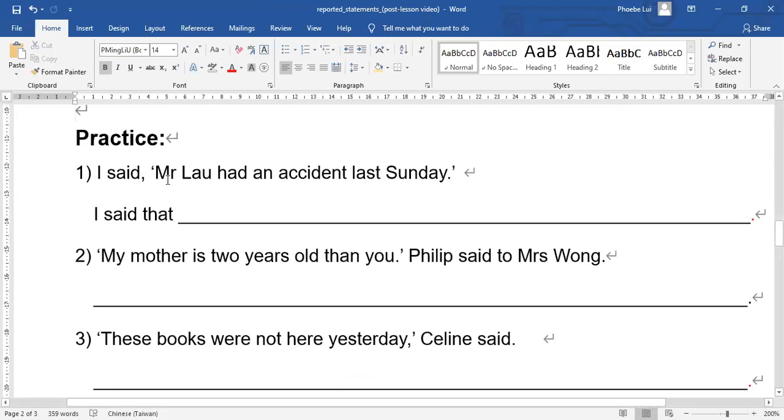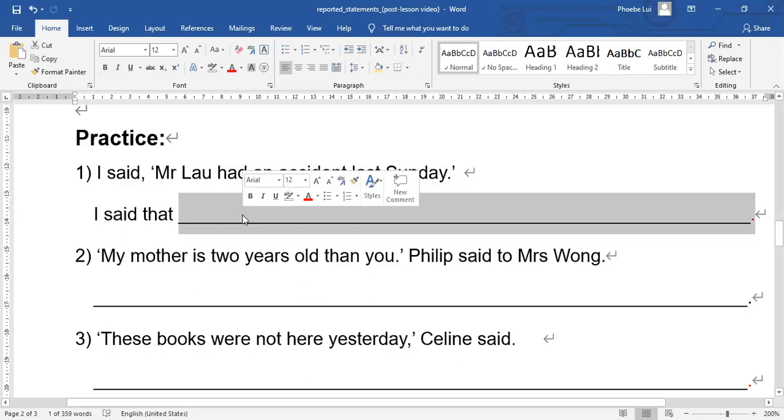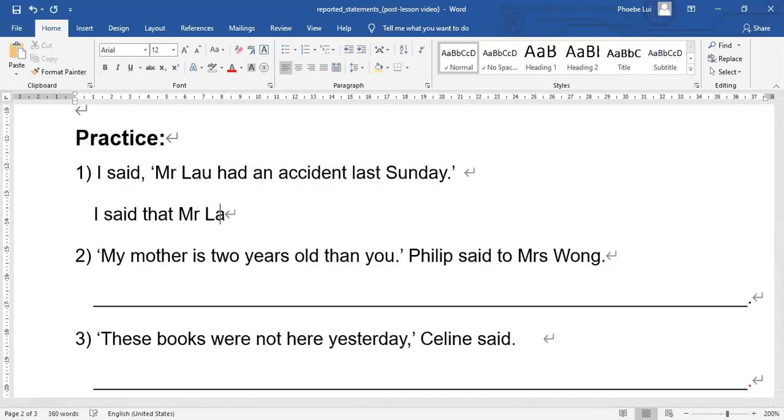I said, Mr. Lau had an accident last Sunday. So in reported speech, you start with I said that, and then start to move the subject, Mr. Lau. You need not change it, just change the tense from simple past to past perfect. Yes, the past perfect for had is had.